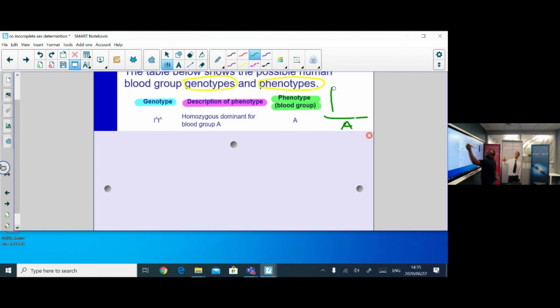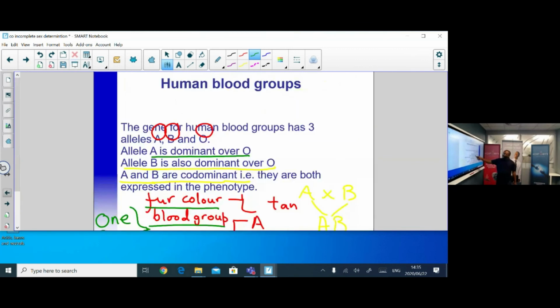Just to be proper, then we put B and B. What if it's blood group B in a heterozygous?